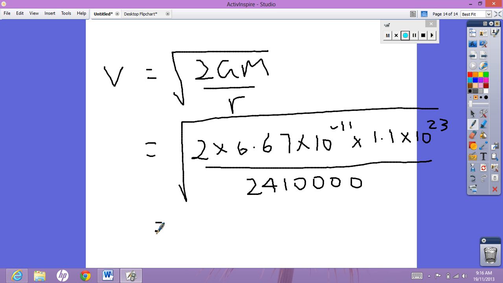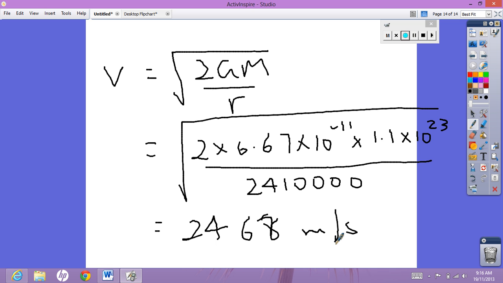And this should give us the value straight away if we calculate that. And that is, magically, yes it is, 2467.5 or 67.8 meters per second.